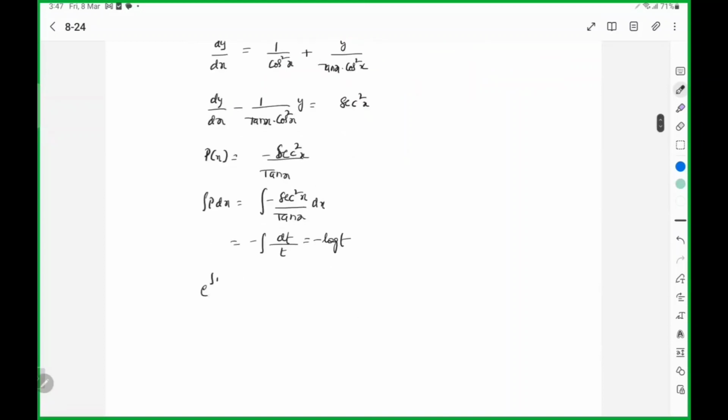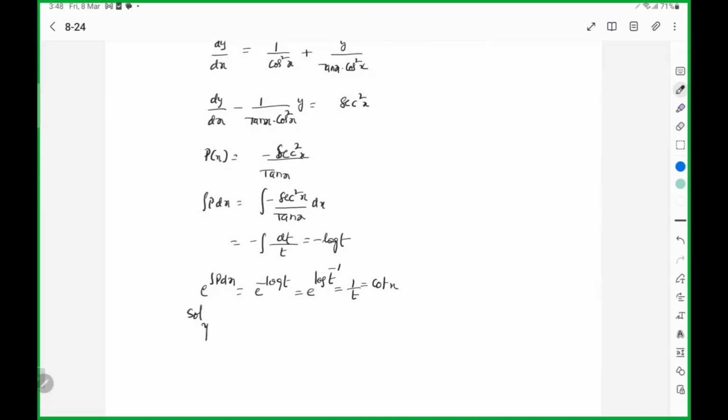E power integral p dx is log t power minus 1, 1 by t. T here is tan x, which is cot x.